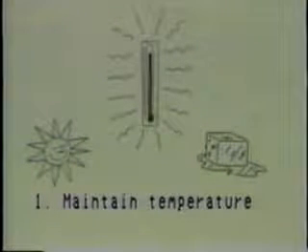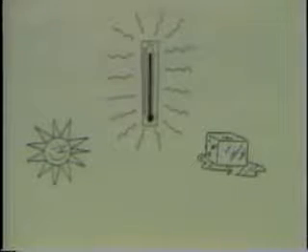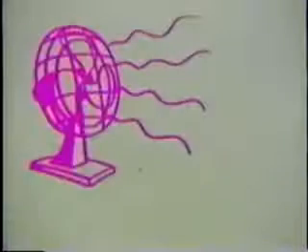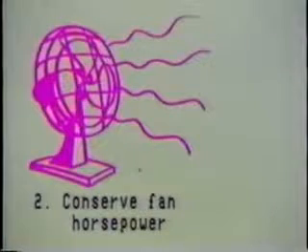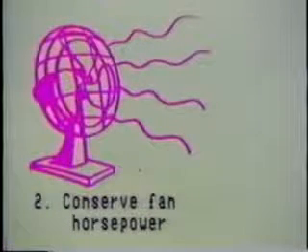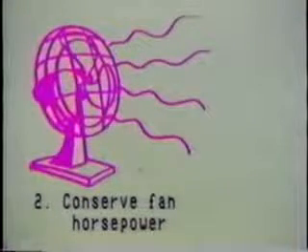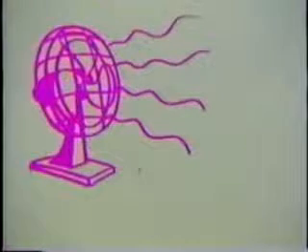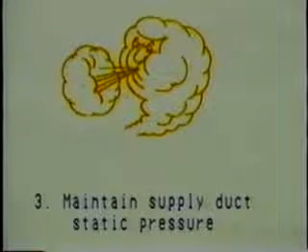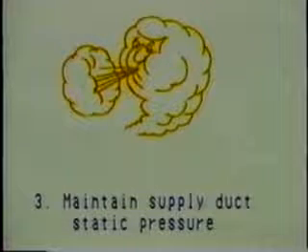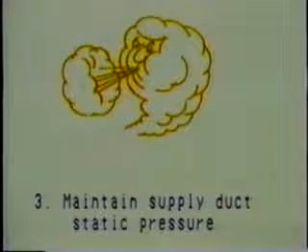Automatic controls for variable air volume systems must, 1. Maintain temperature difference between the heating and cooling mediums at maximum economical levels. 2. Conserve fan horsepower. The supply and return fans must be throttled as the system load is reduced. 3. Maintain supply duct static pressure at a constant minimum level.